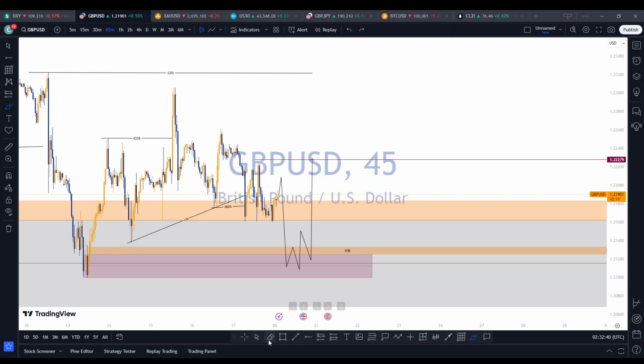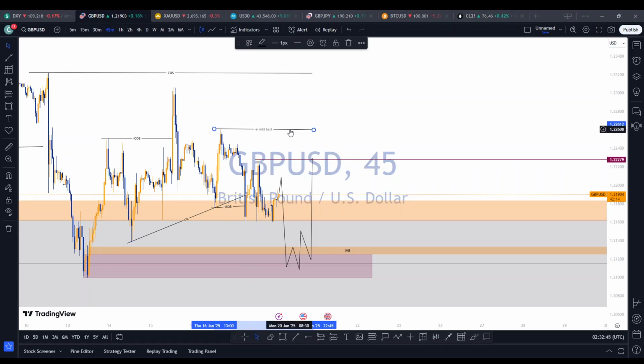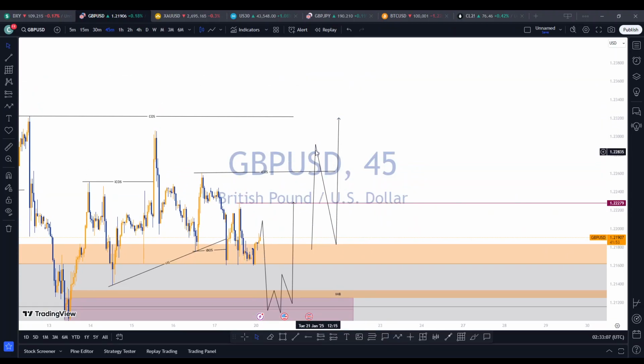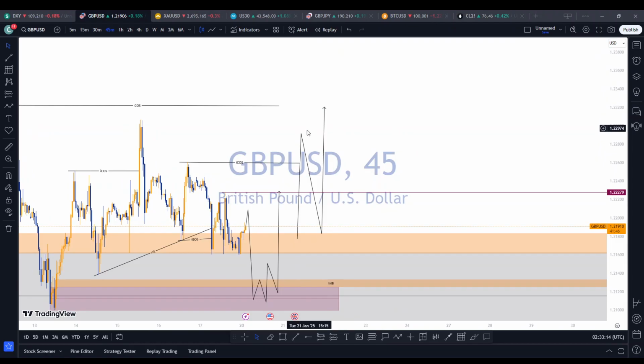I'm a very conservative trader, so I'll be more comfortable if it comes here and breaks. If you have this internal break right here, I'll buy, and we take an entry with a good target at this area right here. If we break this structure, then I'll be looking for a buy.